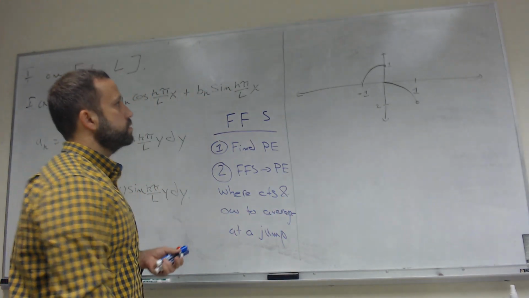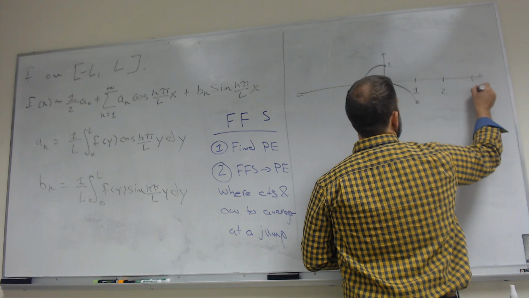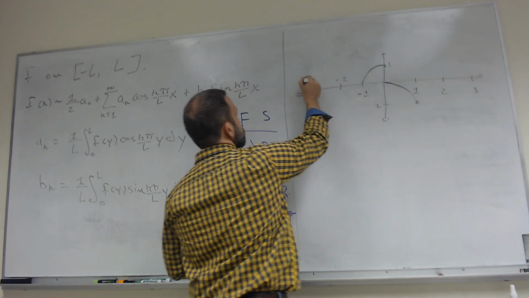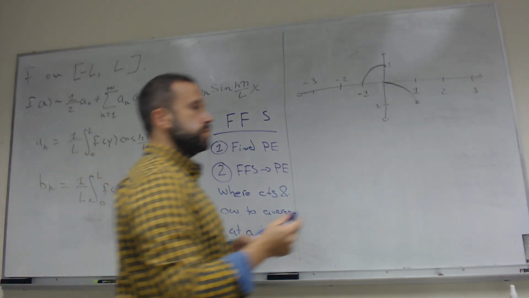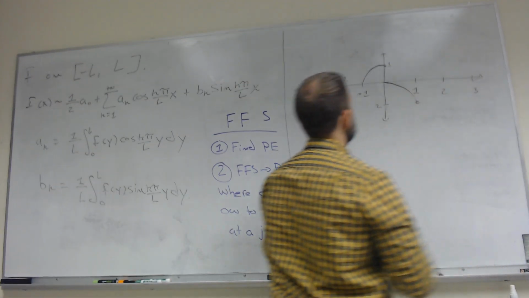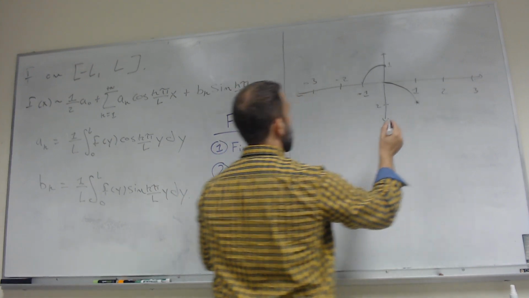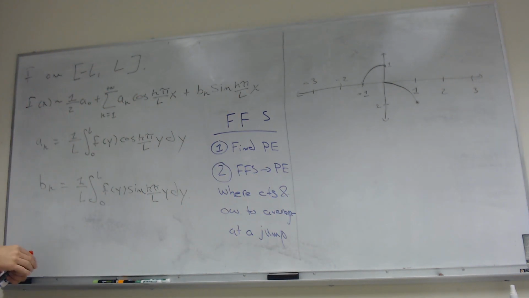Now I just want to sketch the periodic extension of this. So let's say this is 2, this is 3, this is minus 2, this is minus 3. I'm just going to take this and copy and paste it.